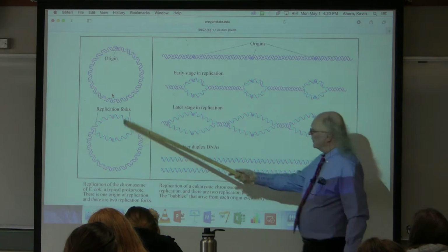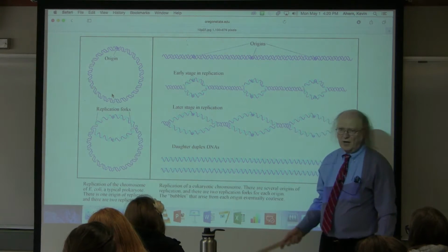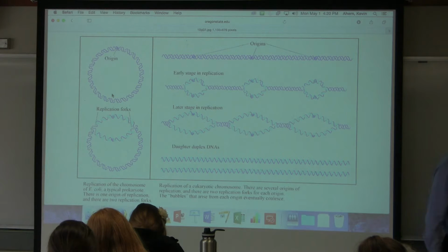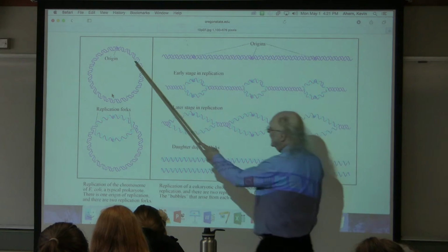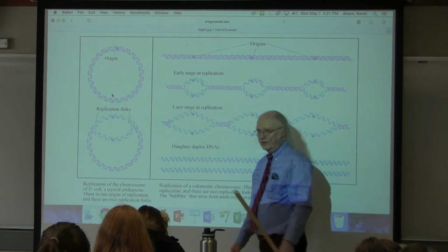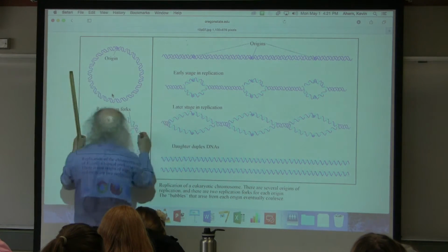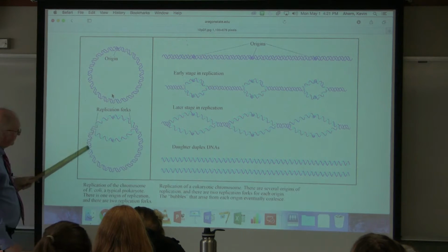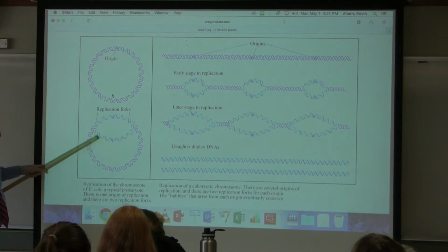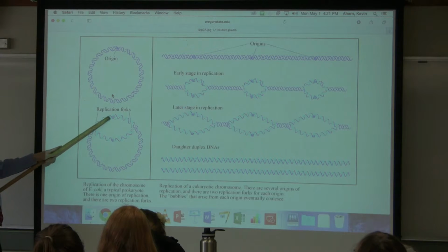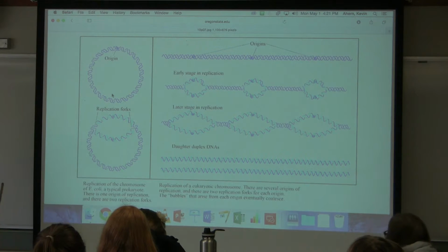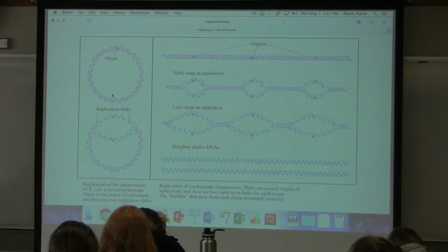On the left, we see prokaryotic DNAs. Prokaryotic DNAs are circular. They're almost all circular. And replication starts at a single place called an origin, and then spreads out in both directions from there. You can see it spreading here, and you can see the new strands being synthesized, the new strand being the light blue colors there. Okay?